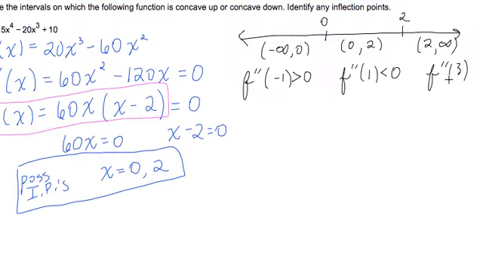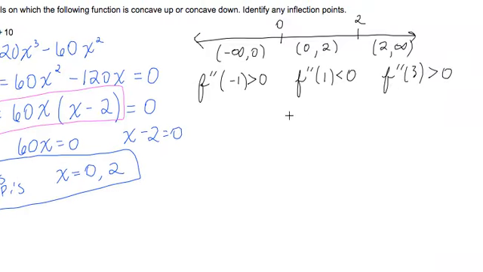And then f double prime of 3 will be positive and positive. So the second derivative is greater than 0. So f is concave up, concave down, and concave up on those intervals. The concavity did change at 0 and at 2, so we have an inflection point at both of those x values.